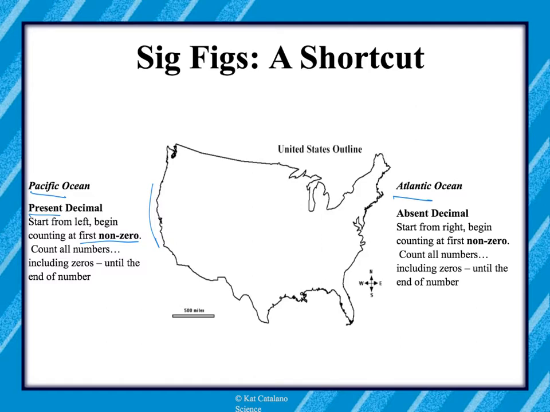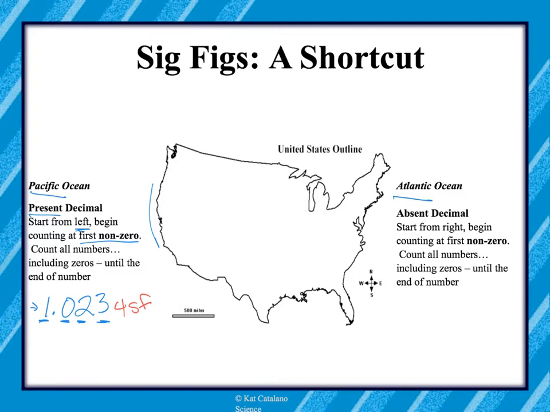So for example, if my number is 1.023, on the left side, because it says to start from the left, which is where the Pacific Ocean is, the first number that I run into that is not a 0 is the number 1. I'm going to start counting there and count all the way to the end of my numbers. That's 1, 2, 3, 4 sig figs. I'm going to abbreviate that SF.